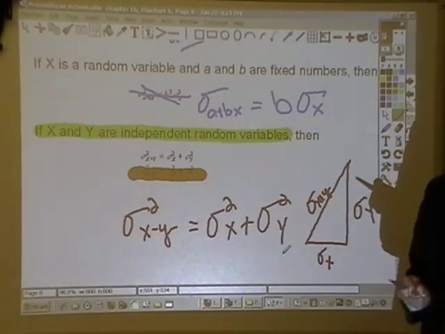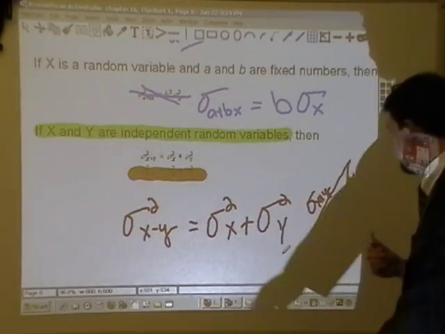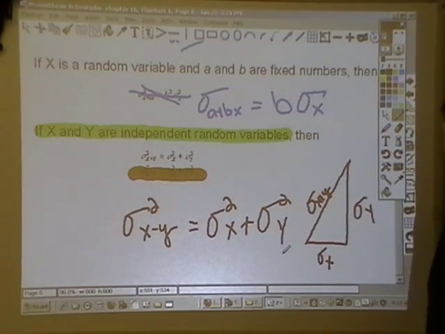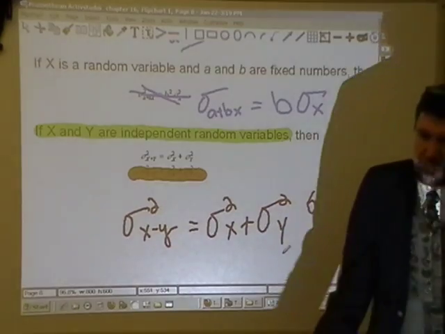You can't have a negative standard deviation, because standard deviation is the average distance from the mean. So we have to add the variances.